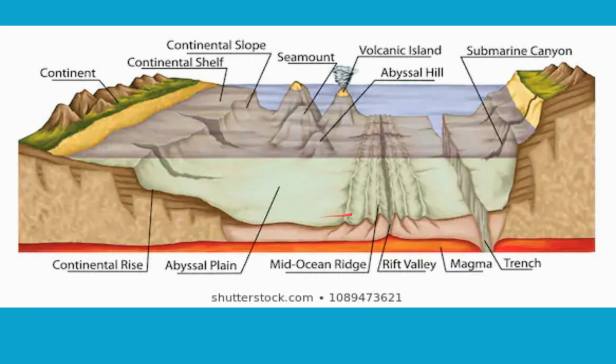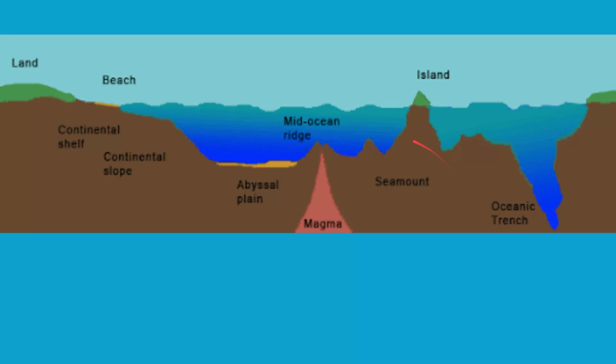Now, when we go back to the picture that we looked at earlier, you'll notice that there's not just the abyssal plain down here. There are some areas where we look at mountain ridges. We see individual mountains, and we also see these deep parts that are there. Those all have names as well. When we look at an underwater mountain, we call that a seamount. Any seamount that goes above the ocean water is called an island.